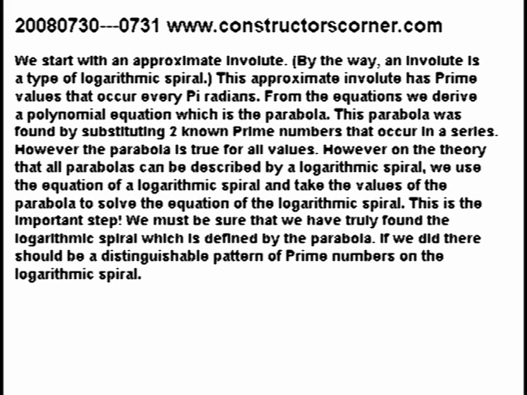That means we have to ask: is that logarithmic spiral actually part of that parabola? And if not, then we have to find the one that does. And if it is, there should be a distinguishable pattern of prime numbers on the logarithmic spiral that we just found. I know it sounds complicated, and it does get confusing. You can be adding this and looking at this and trying to evaluate the values, and it's confusing.